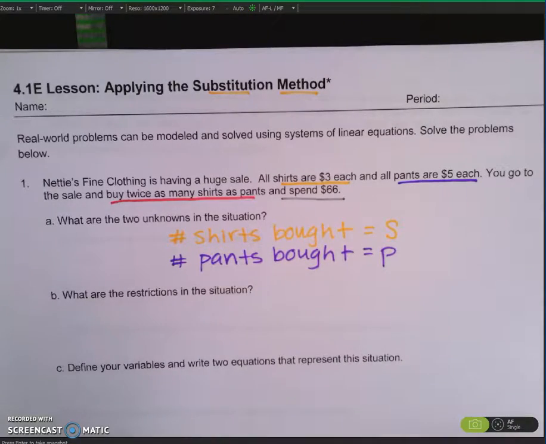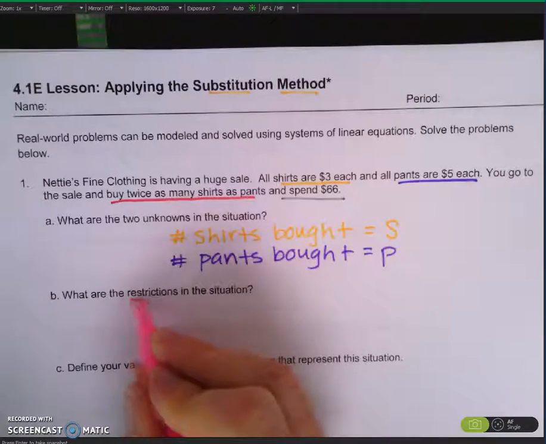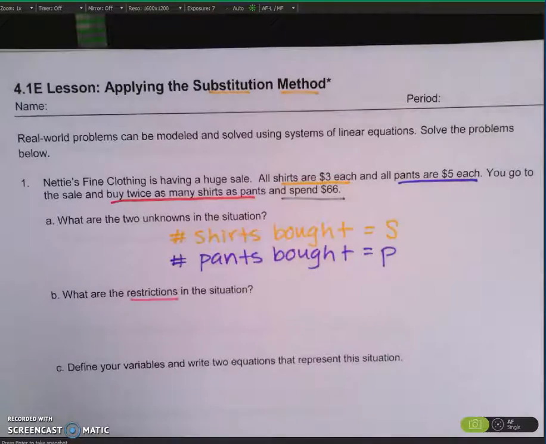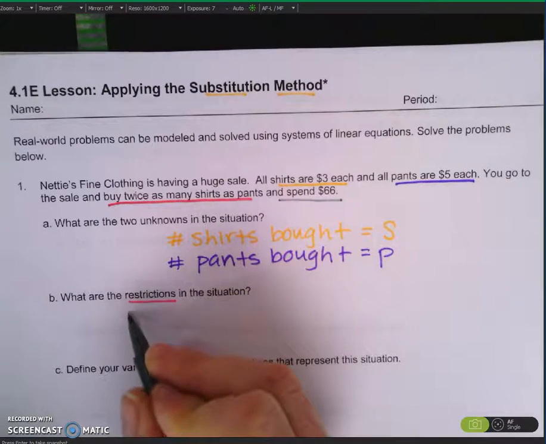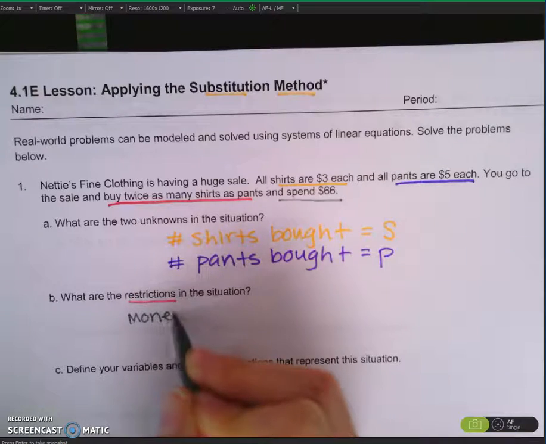Let's read number B. What are the restrictions in this situation? So restrictions means what are the details? One detail is how much money I spent. Money spent.